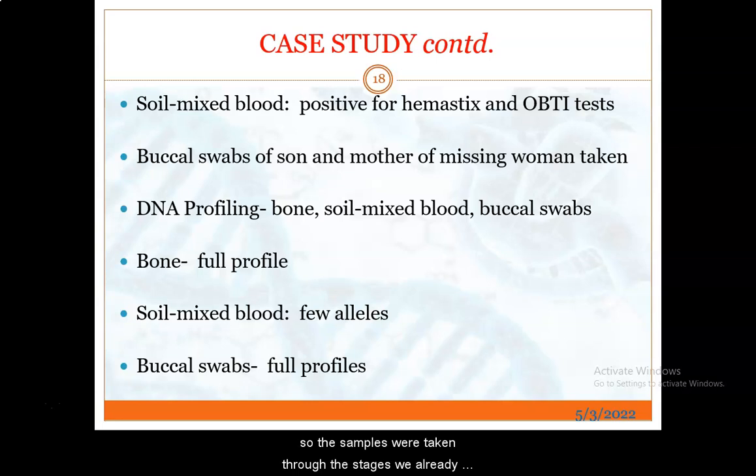So the samples were taken through the stages that we already talked about: DNA extraction, quantification, PCR, electrophoresis, and then what did they get? They got a full DNA profile for the bone. It means they got complete alleles at each locus that they tested. There was no degradation.